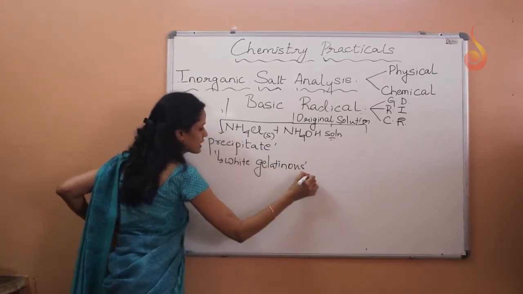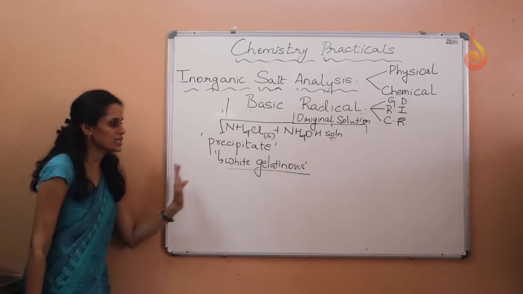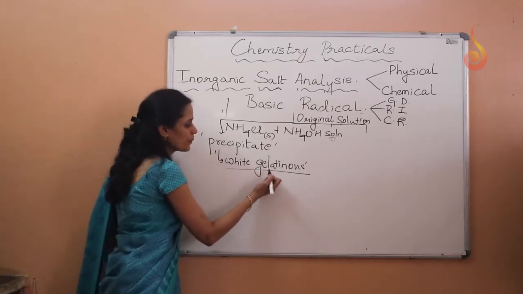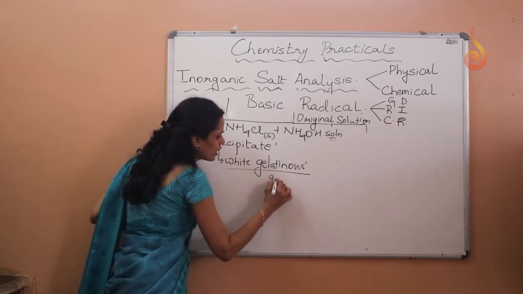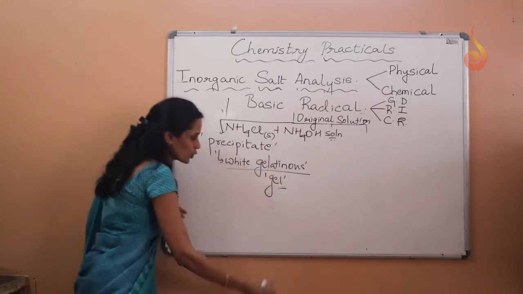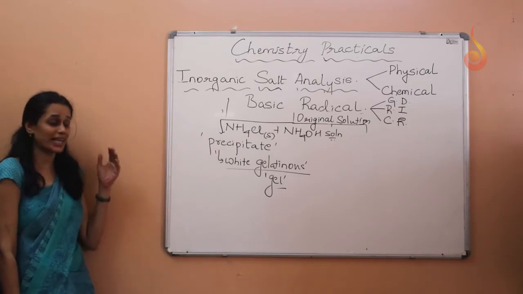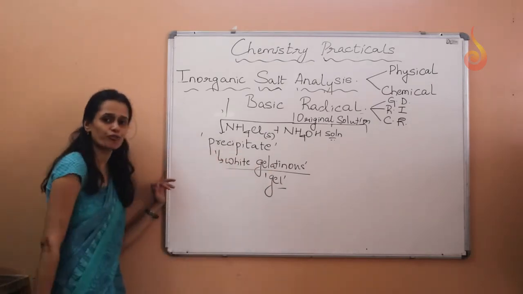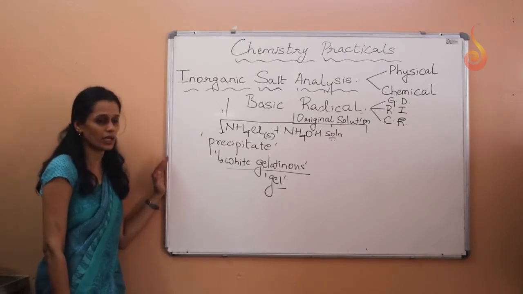What is a gelatinous precipitate? It means the precipitate is very similar to a gel. You are all familiar with the hair gels we use, so that is the texture of the precipitate we observe in the test tube.